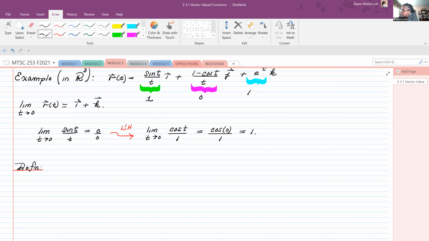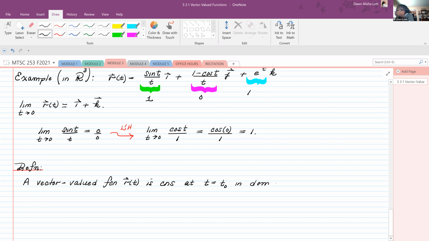A vector valued function r of t is continuous at t equal to t naught if every point in its domain is continuous. All right, if 3 things happen.